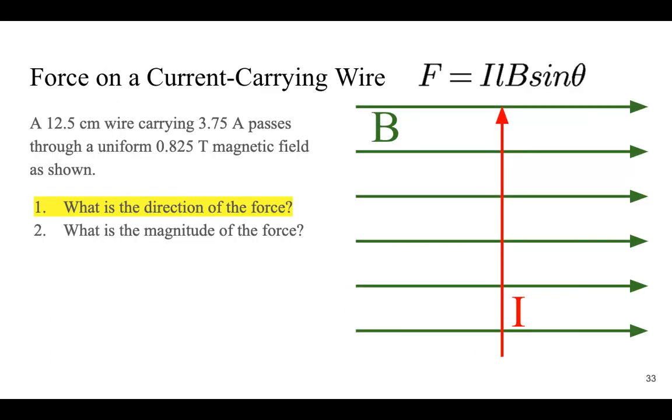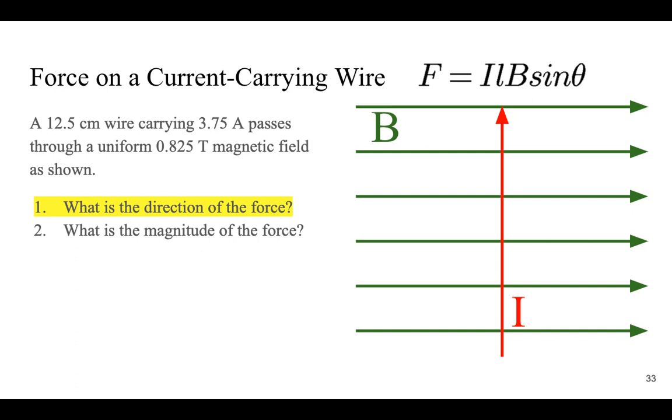So you have a 12.5 centimeter wire carrying a 3.75 ampere current going through a uniform magnetic field of 0.825 Teslas, and it's going as shown. So in what direction is the force? Well, point your thumb up because that's the direction of the current.